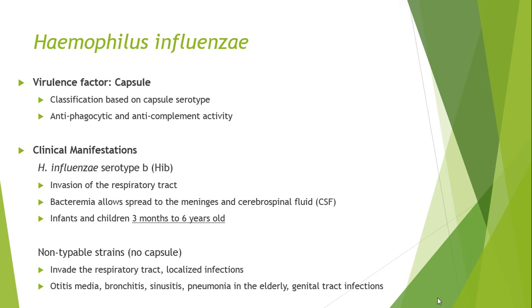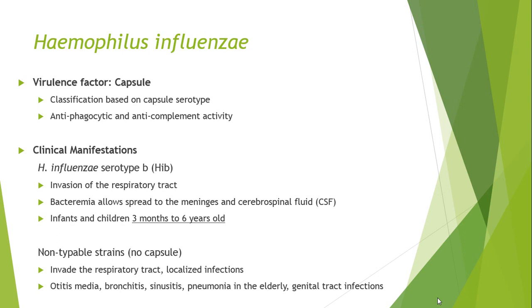The capsule can allow us to serotype it, so we can use immunologic methods like using a specific Haemophilus influenzae antibody, mixing it with our suspicious colony, and if it agglutinates, we know we have Haemophilus influenzae. And then it has, of course, anti-phagocytic and anti-complement activity. It can evade phagocytosis, so that allows it to set up infection.